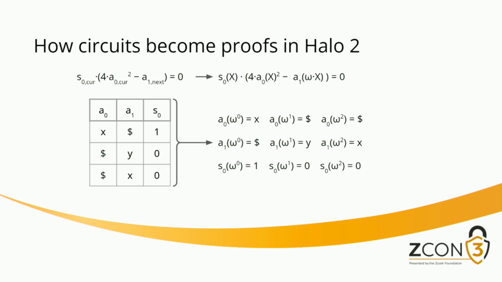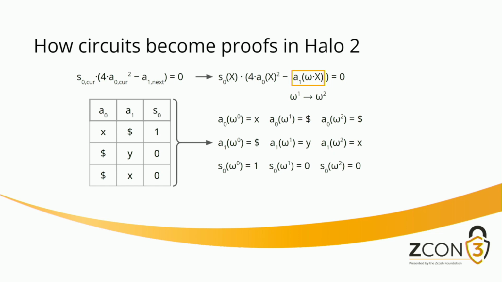You'll note in particular that for the constraints where we are querying a cell on the same row, we just use the polynomial as is. Whereas if we are querying at a relative offset, we multiply by this particular value omega. I'm not going to get into exactly what that means. It doesn't matter for this talk, but by multiplying by this value, we change what row we're referring to. And that's all that matters for this.